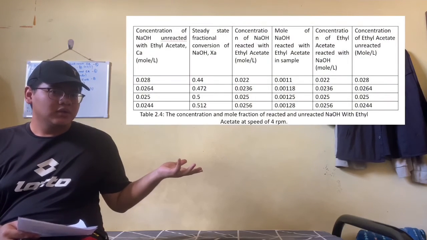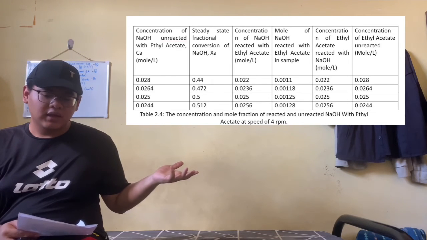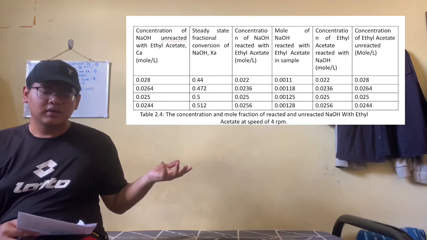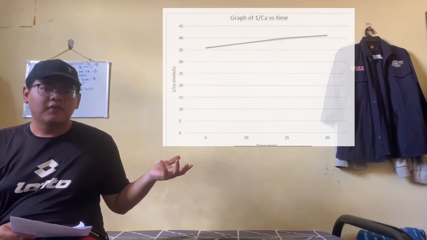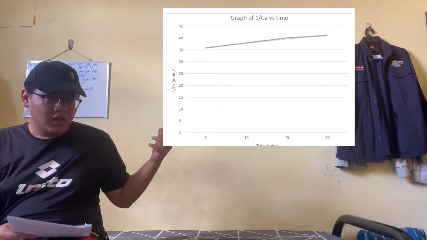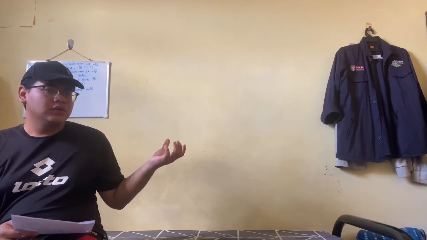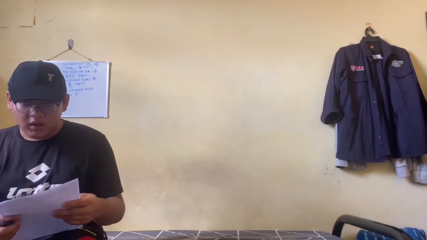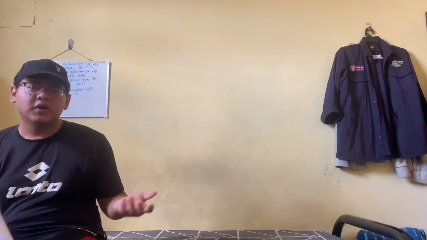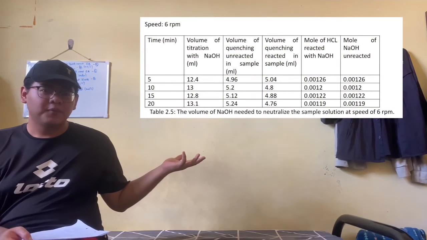Next, the table shown here is for the concentration and mole fraction of reacted and unreacted sodium hydroxide with ethyl acetate, and the second table is used to plot the graph, where the concentration of sodium hydroxide unreacted with ethyl acetate is used to plot the graph, and from that we obtain the reaction rate constant of 34.1619 liter per mole.